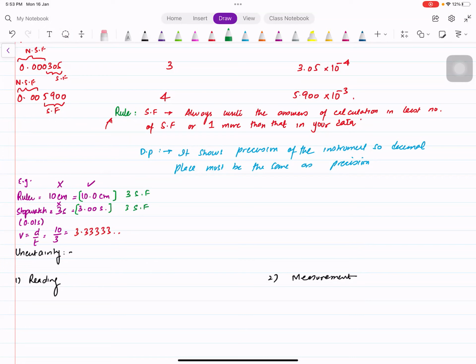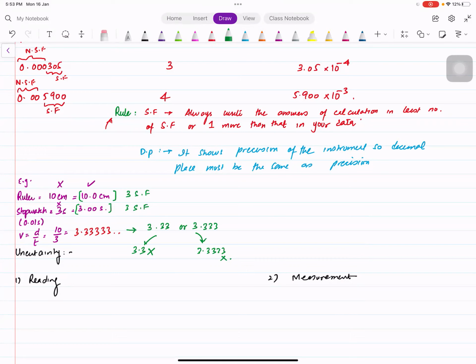Which means that either I should write it as 3.33, that's three significant, which is the least number in my data, or one more than that, which is 4. Now, writing this as 3.3 would be wrong, and writing this as 3.3333 would also be wrong. Do you guys understand this? Yes.